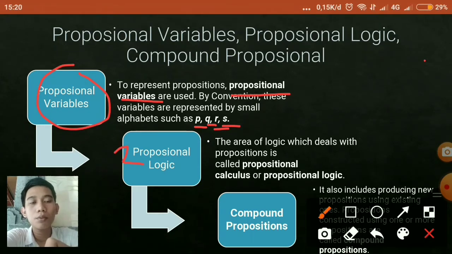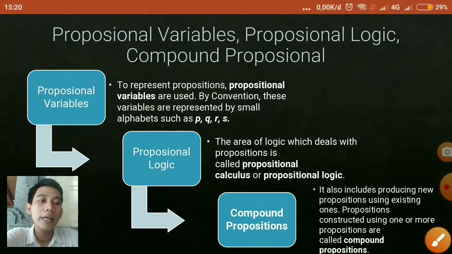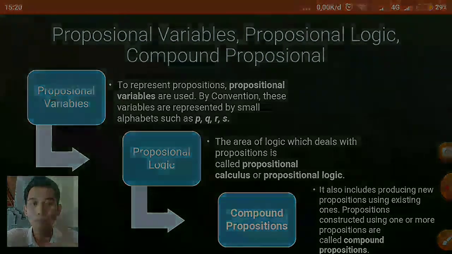Second, propositional logic. Propositional logic is the area of logic which deals with propositions. Next, compound propositions. It also includes producing new propositions using existing ones. Propositions constructed using one or more propositions are called compound propositions.